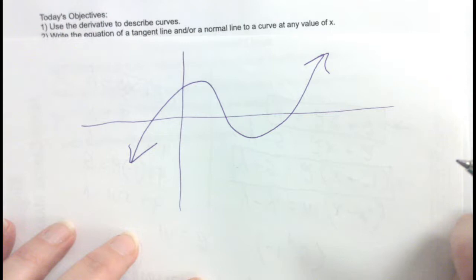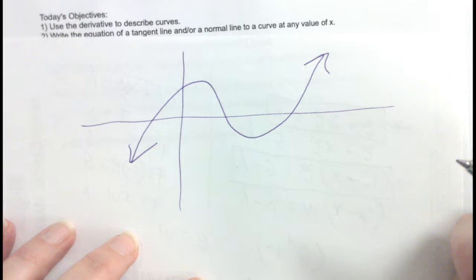Do you all remember back in Algebra 1 doing the equation of the line perpendicular to something? What would you change about this? 36 is the negative one. Very good. It would be negative 1 over 36. The opposite reciprocal slope.